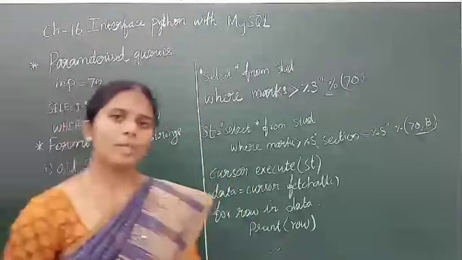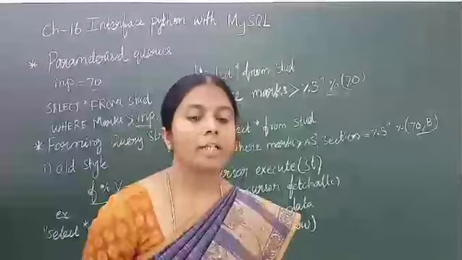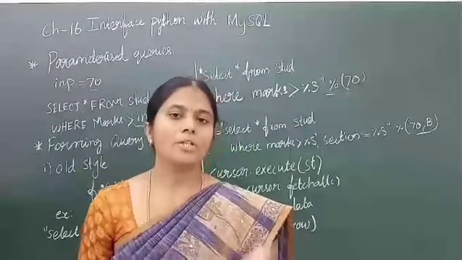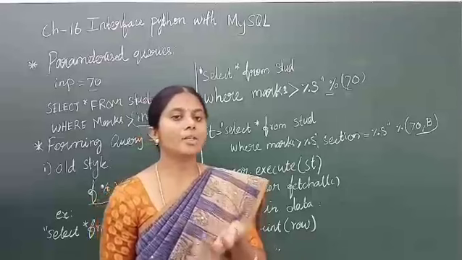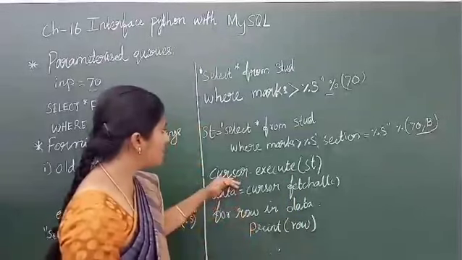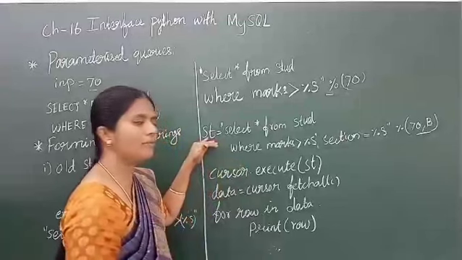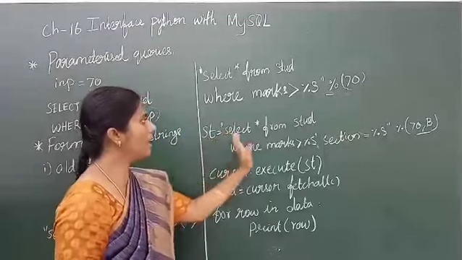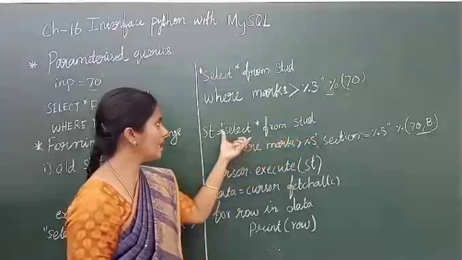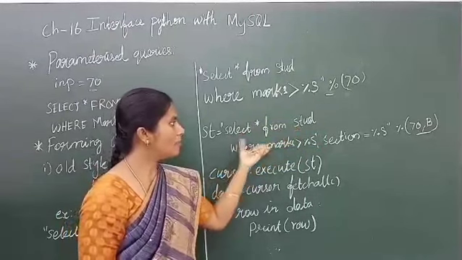Next, you can execute this query using the cursor dot execute function. Before executing this, you have to create a variable, any variable, and write the SQL query string: select star from student where marks.